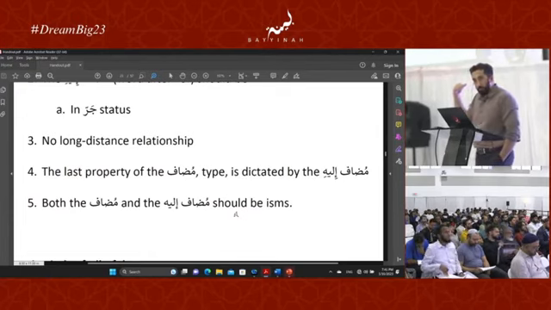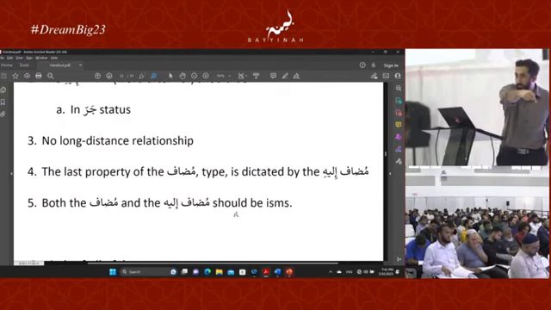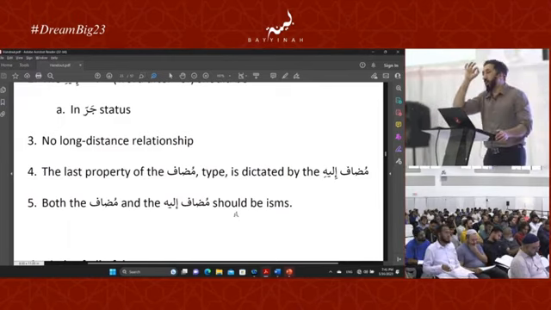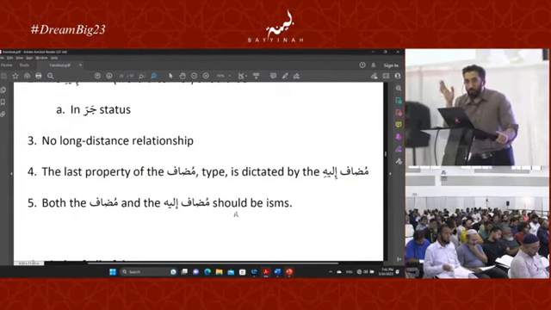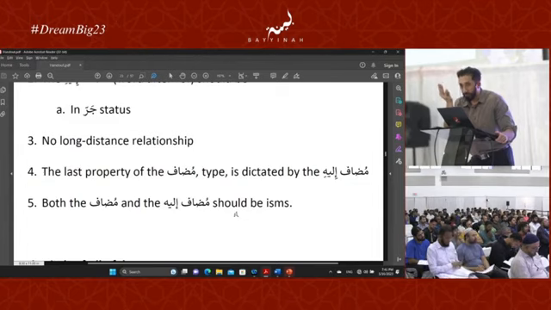Okay. 3 properties you can tell. The 4th one, you got to go to the mudaf ilayh. Is that true for every ism? For every ism, you can only tell 3 properties? No, that would be selective listening. Which ism is only able to give you 3 properties and not give you the 4th one? Only mudafs have that problem.